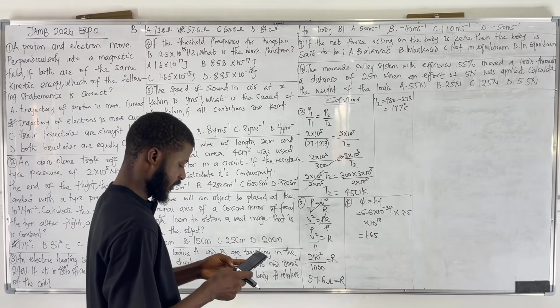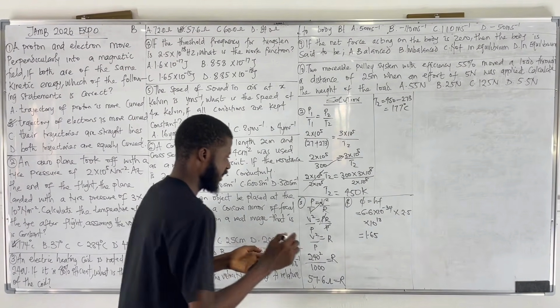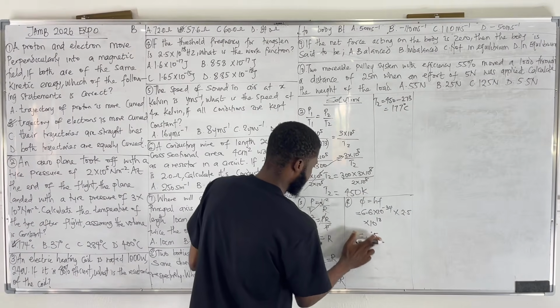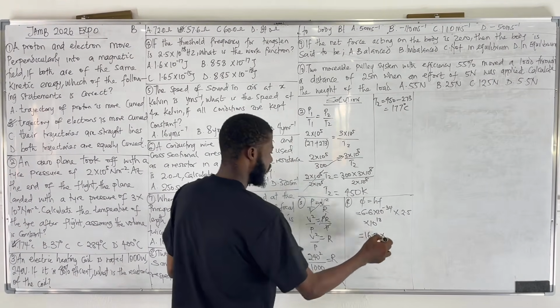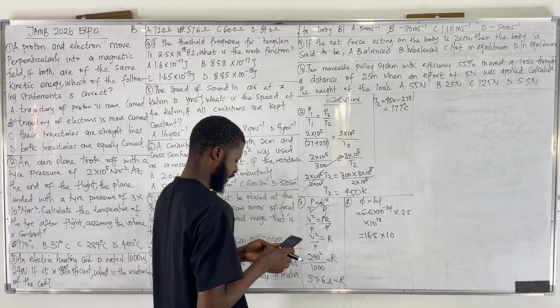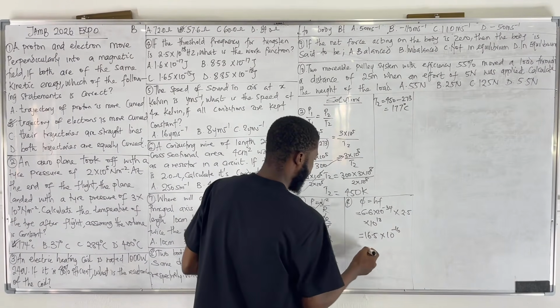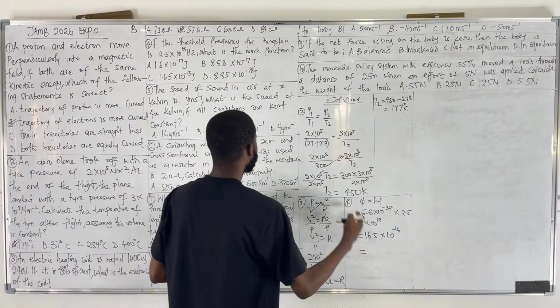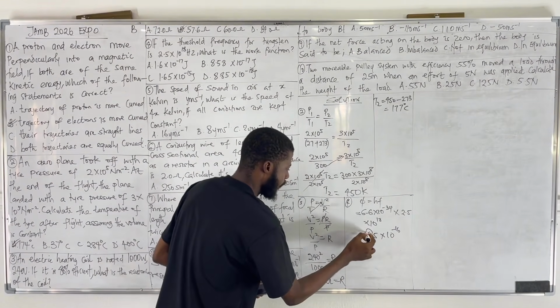So we're going to be having 6.6 times 2.5. That's the first thing you do. So you get 16.5, and then times, for the 10, you're going to do minus 34 plus 18. So that'll be minus 16. Now, for it to be in standard form, you're going to move this decimal point once.